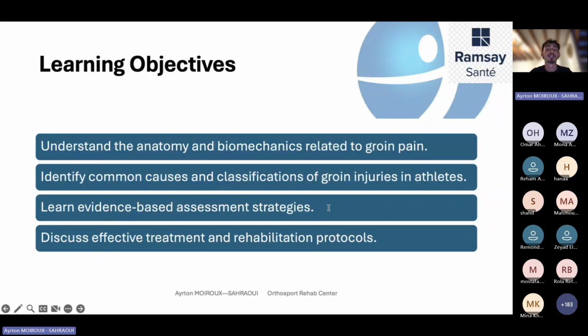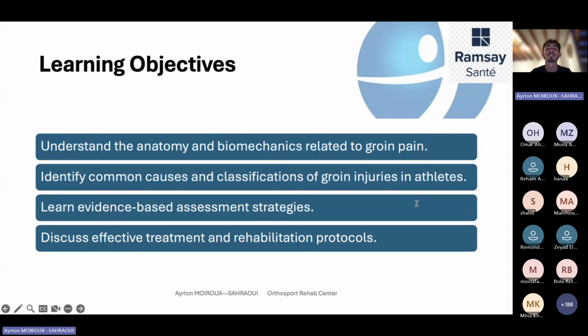You'll also be able to advocate for a multidisciplinary approach, appreciate the importance of collaboration among physiotherapists, physicians, coaches, and athletes to optimize outcomes and reduce recurrence.